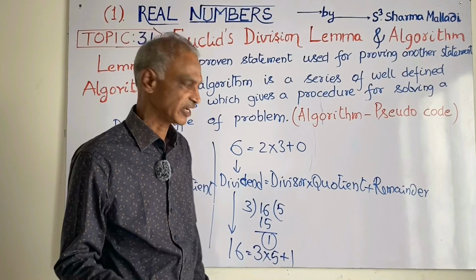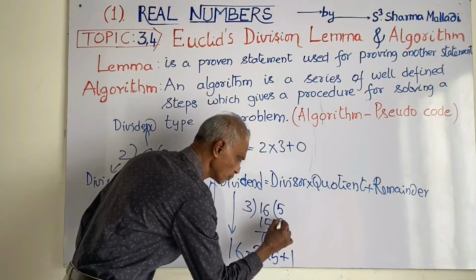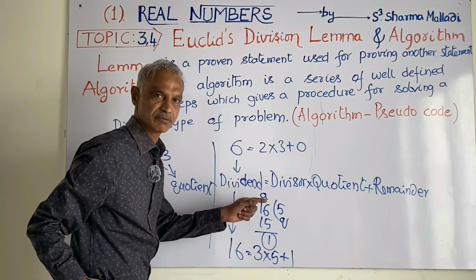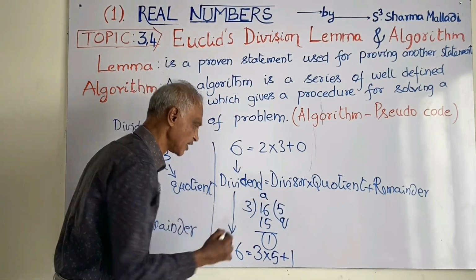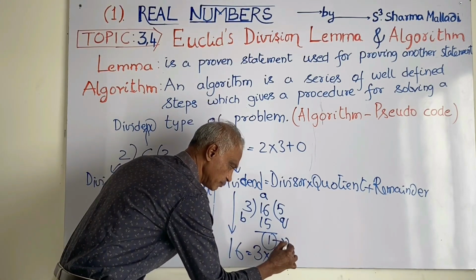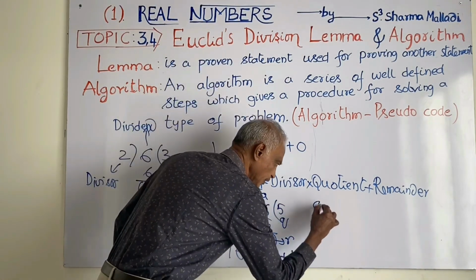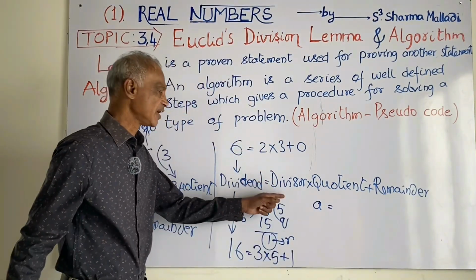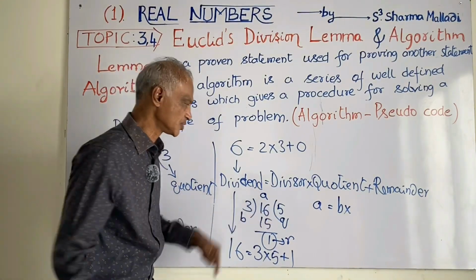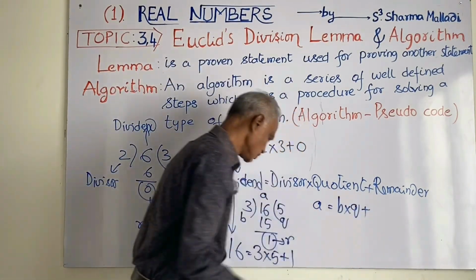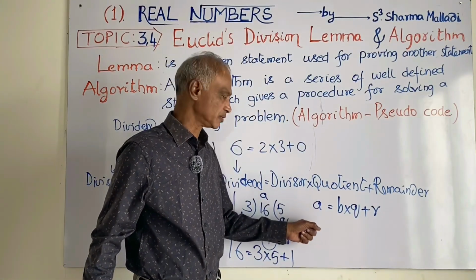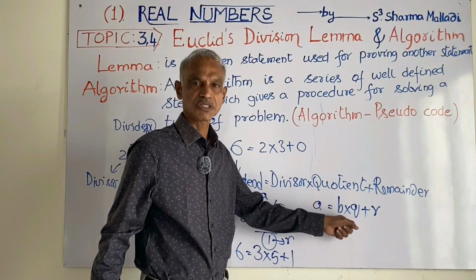The quotient is denoted by Q, the dividend is denoted by A, the divisor is denoted by B, and the remainder is denoted by R. So A is equal to B into Q plus R: dividend is equal to divisor into quotient plus remainder.